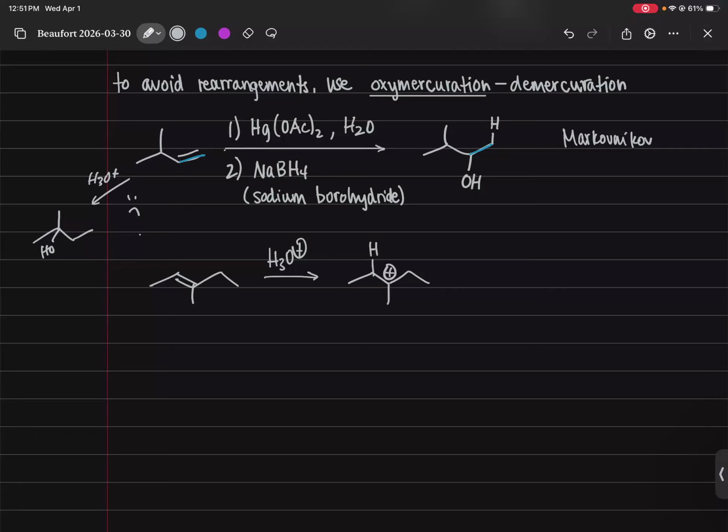This is going back to the stuff we just did. If we do something like this, we are not concerned about a carbocation rearrangement because we already have a tertiary C+, and there's no rearrangement that can happen.